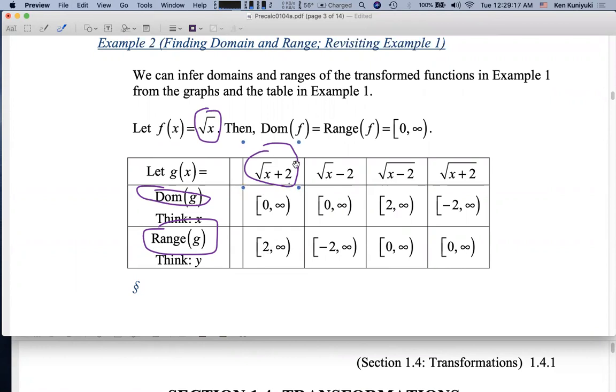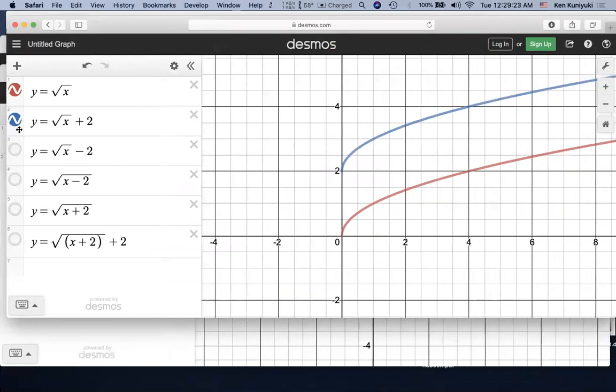Likewise, if we consider going from y equals root x to y equals root x minus 2, the radicand x minus 2, we're going from the red graph to the purple graph over here. What happens to the domain and the range?